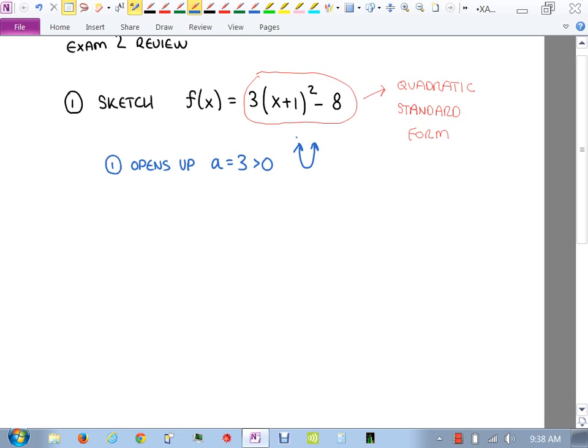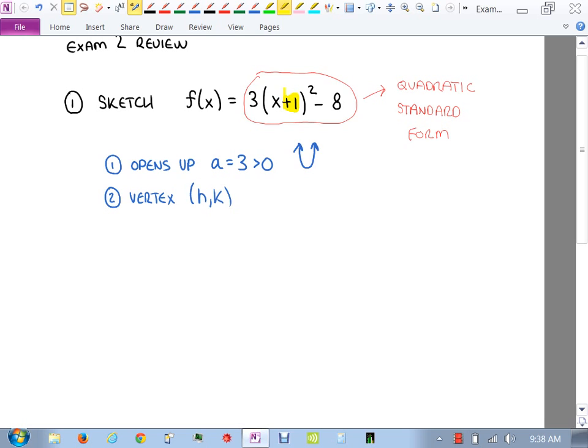Vertex. So to get the vertex, all we need to do is identify what h and k are. And when it's in standard form, that process is relatively easy to do, right? All we have to do is look inside the parentheses at that positive 1.